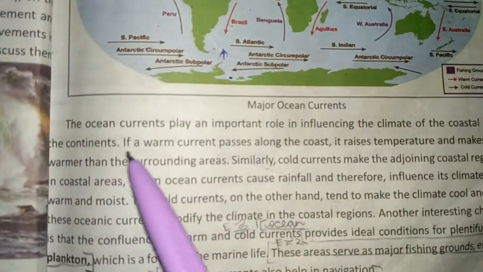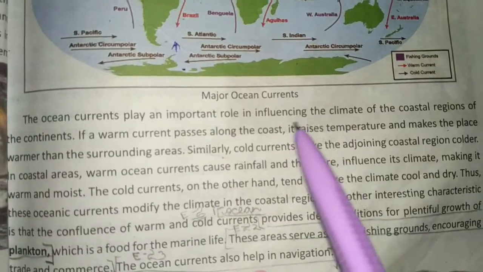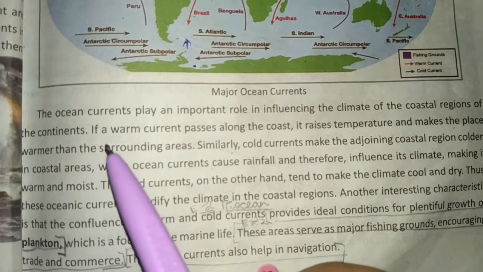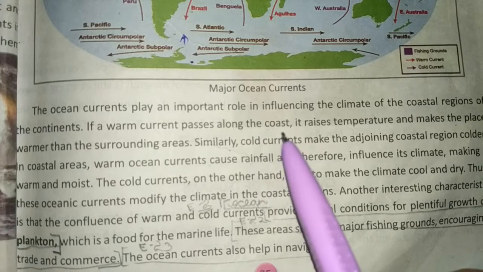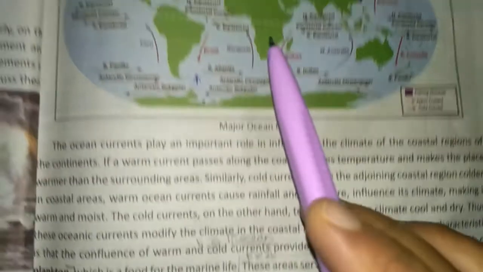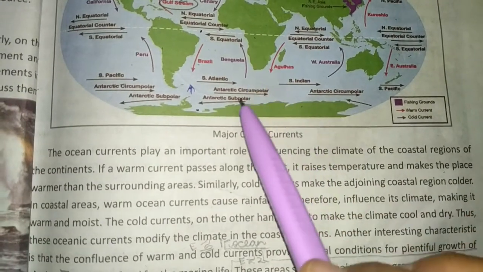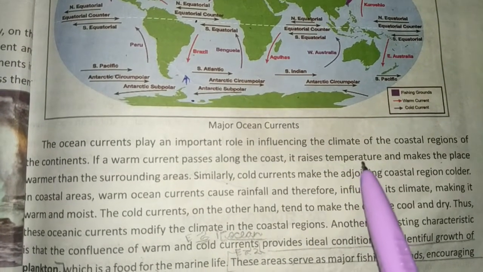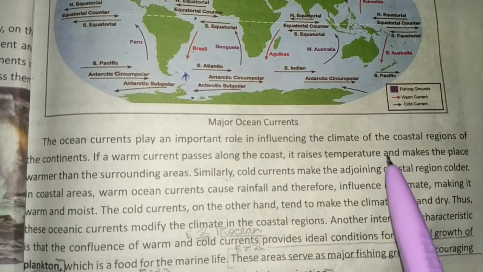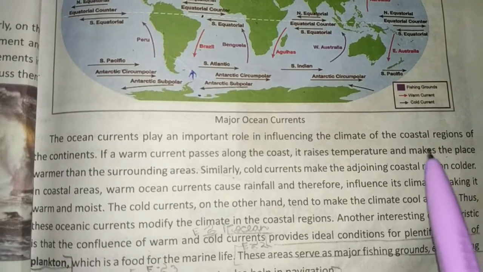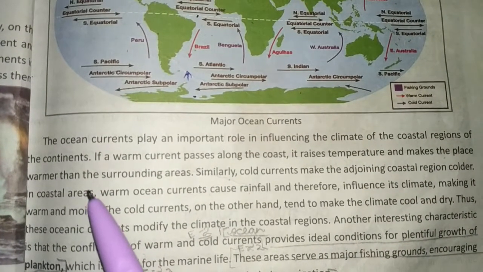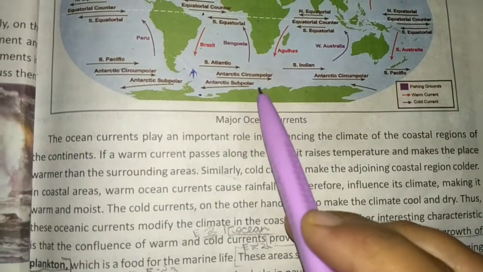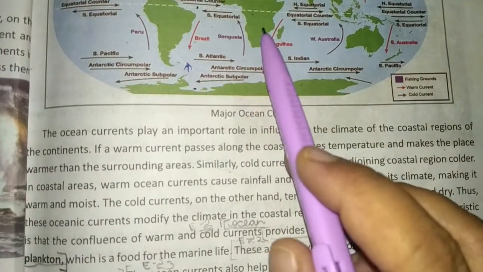Next, ocean currents play an important role in influencing the climate of the coastal regions of the continents. If a warm current passes along the coast, it raises the temperature, and the surrounding will be warmer.